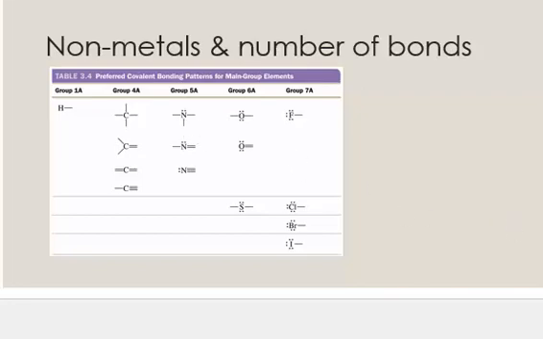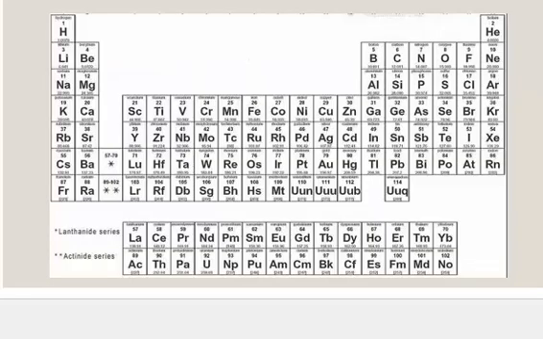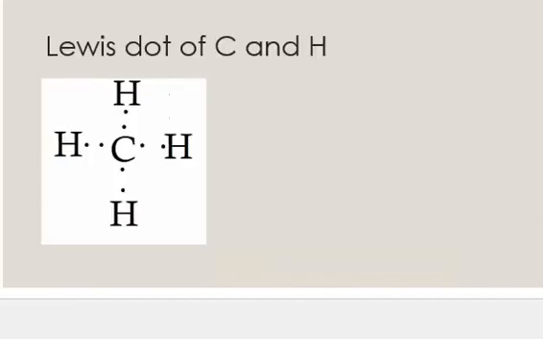Let's look at methane. According to the periodic table, carbon is in family 4A and thus has 4 valence electrons. We place those 4 electrons around the carbon atom, 1, 2, 3, 4, and there are 4 unpaired electrons.